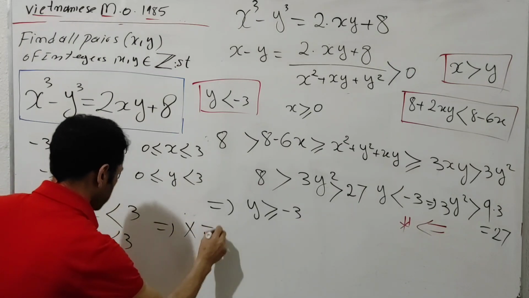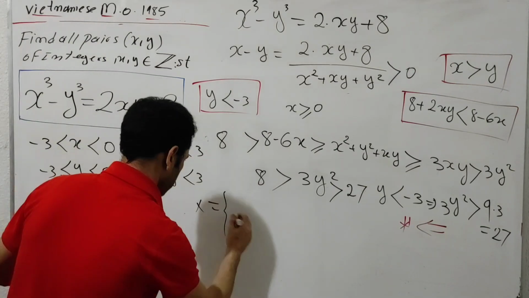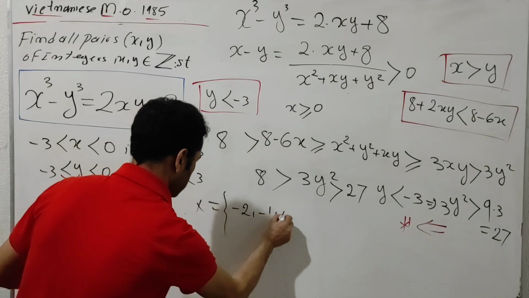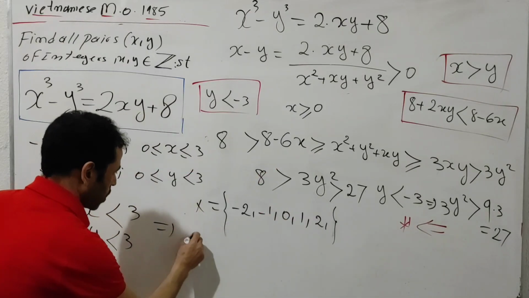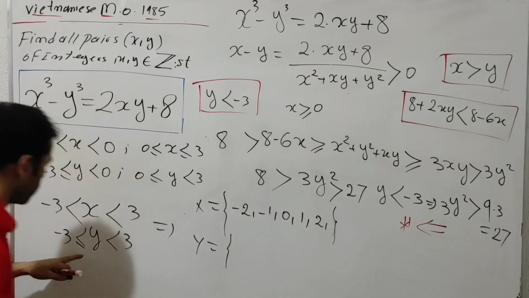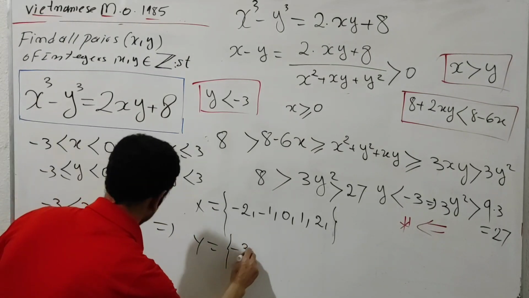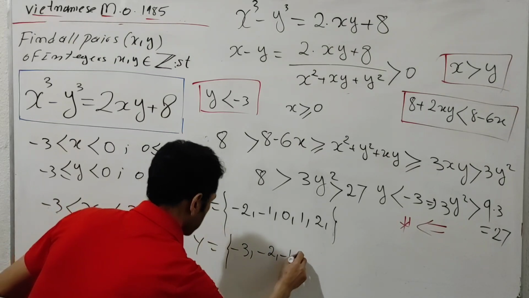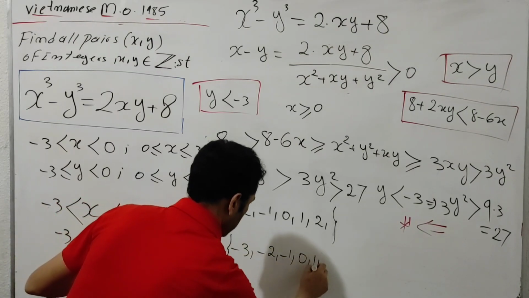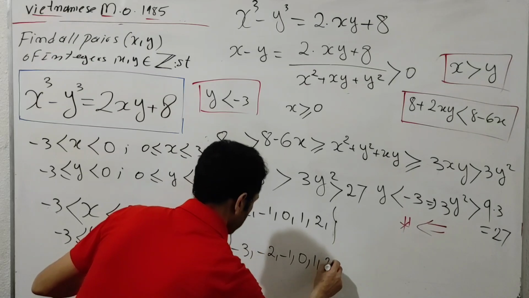So x is taking the following values: minus 2, minus 1, 0, 1, 2, 3, and y is taking the following numbers: minus 3, minus 2, minus 1, 0, 1, 2.